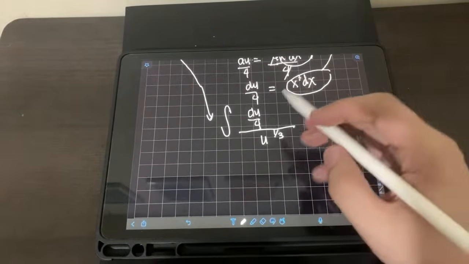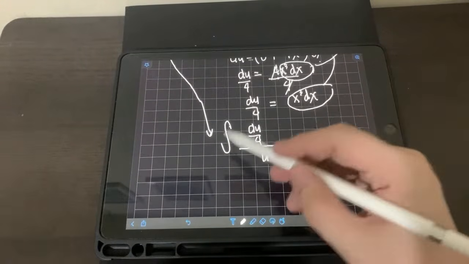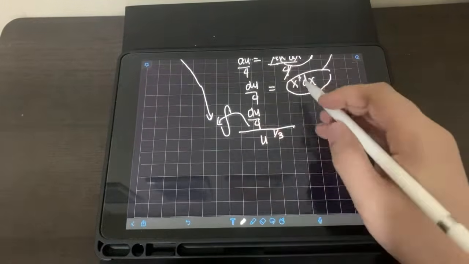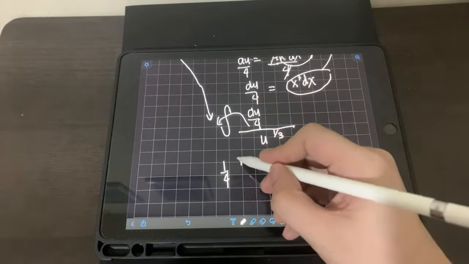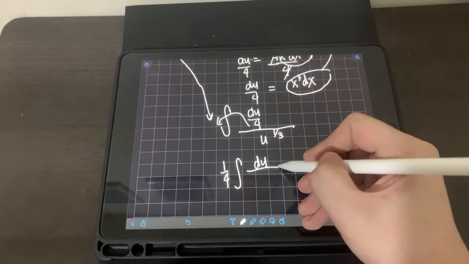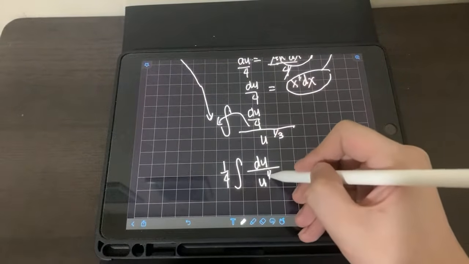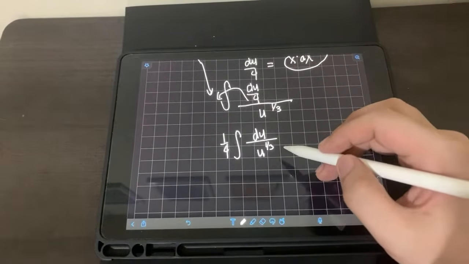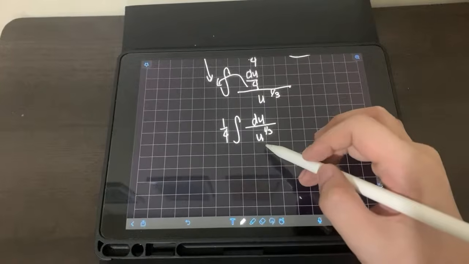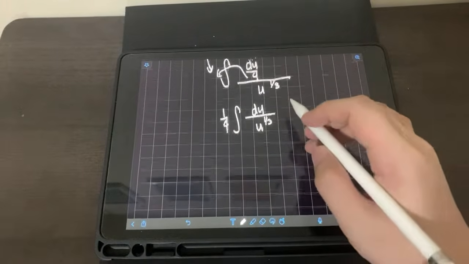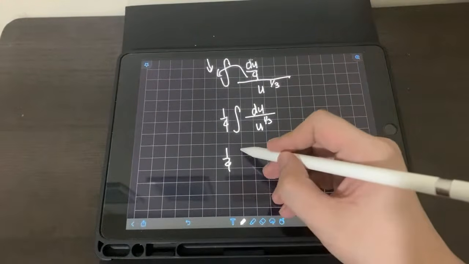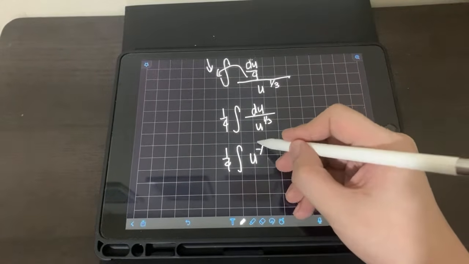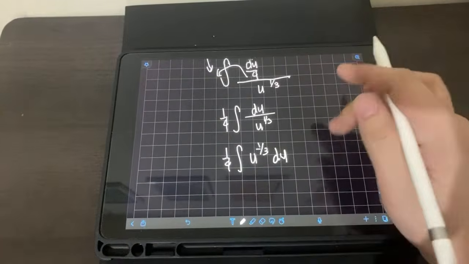Now, let's put the constant aside. This 1/4 is just a constant, right? So, set it aside. So, it becomes 1/4 integral of du over u to the 1/3. Okay? Let's apply the law of negative exponent because u raised to 1/3 is in the denominator. So, we can rewrite this as 1/4 integral of u to the negative 1/3. Right? Law of negative exponent.